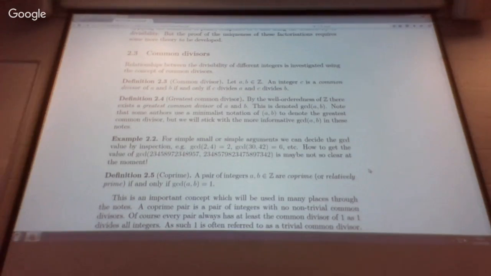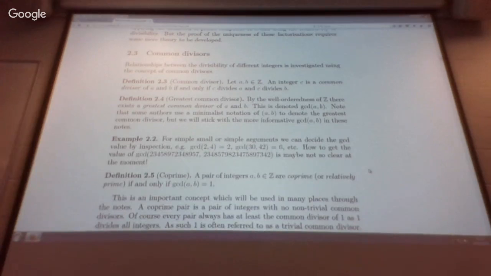So there are no other integers which are common divisors of this pair, which divide into both. And 6 is singled out as being particularly significant. It's the greatest one. And you also notice here that all of the other common divisors all divide into 6 as well. That's also something we use.